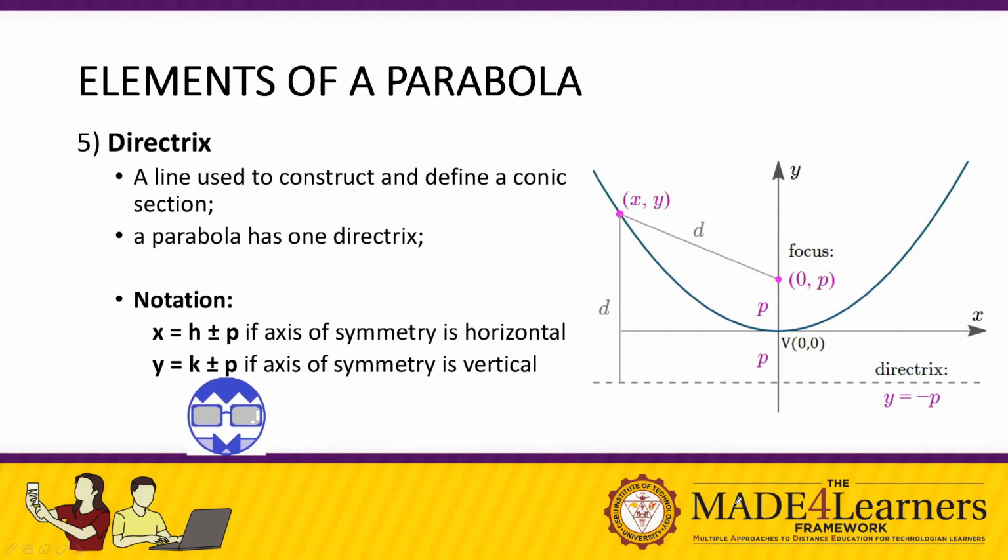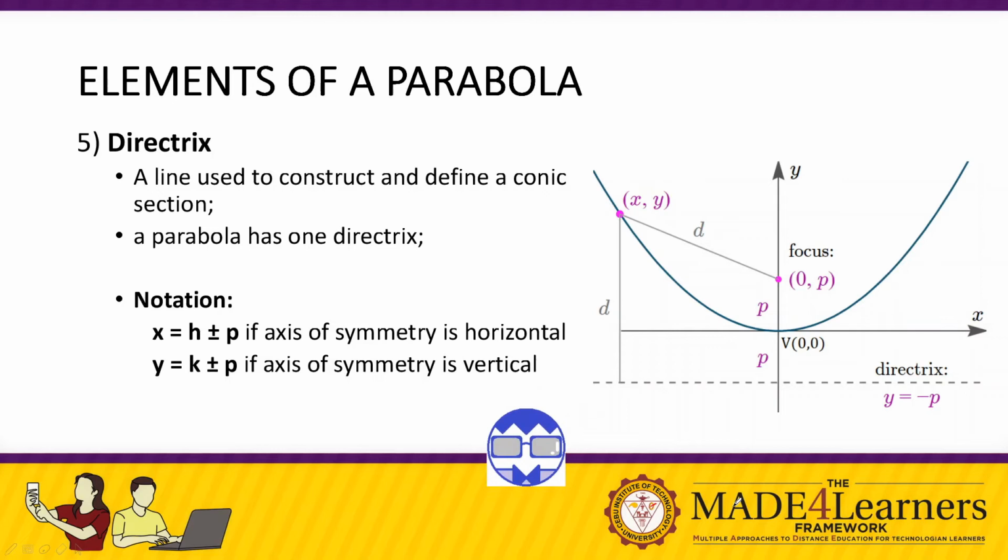So we have the notation for the directrix. We have x = h ± p if the axis of symmetry is horizontal, and y = k ± p if the axis of symmetry is vertical. So where is the directrix here? It's actually this broken line here. In our scenario, this is the directrix.